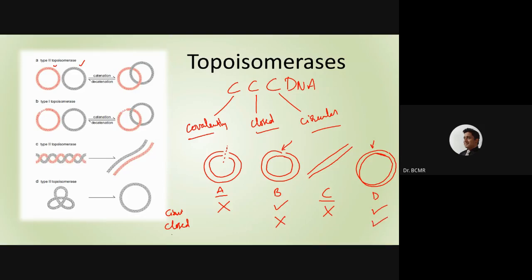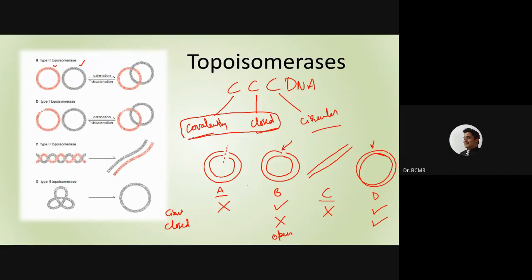And when I say closed, it's about covalently closed. This is one phrase actually, whether it is covalently closed or not. Because molecule B is not closed, you call it open circular DNA, whereas molecule D is covalently closed circular DNA.